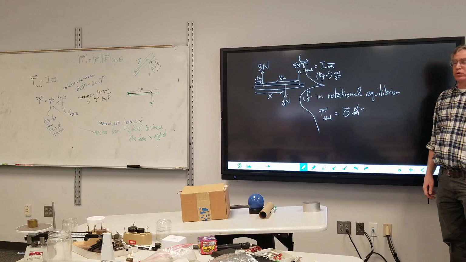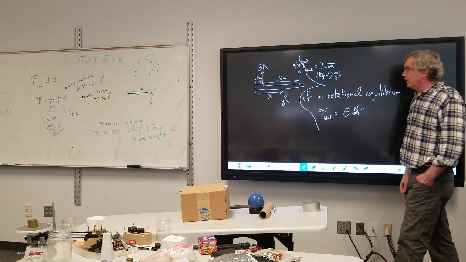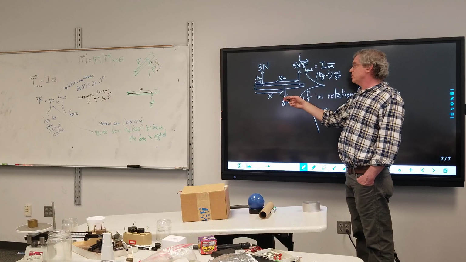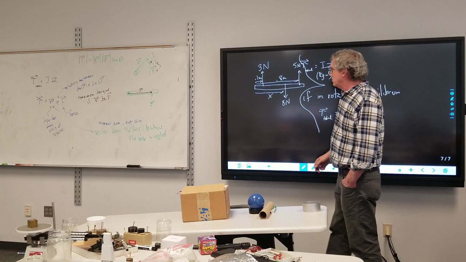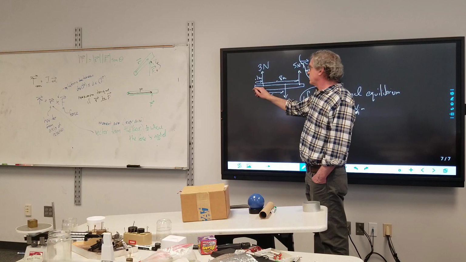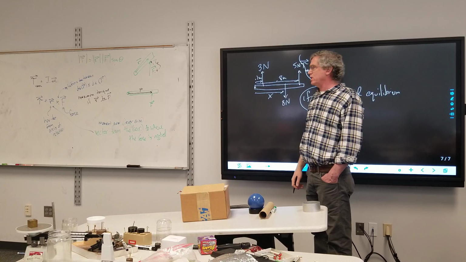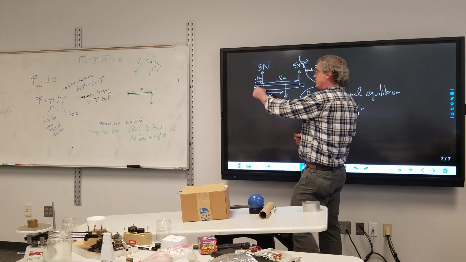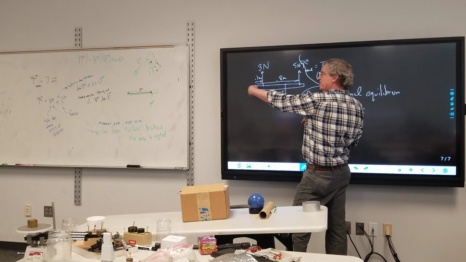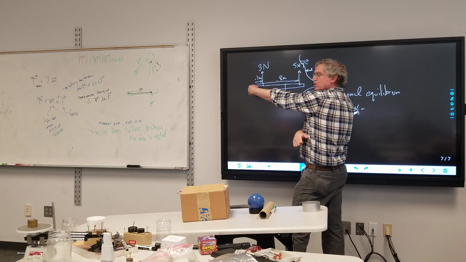Well, I know the total torque is 0. My moment arms are perpendicular to my forces. So what I'm going to do here is, if I treat that as my axis of rotation, and this meter stick is going to pivot about this point, this 3 newtons is going to cause it to rotate which way? Clockwise or counterclockwise?